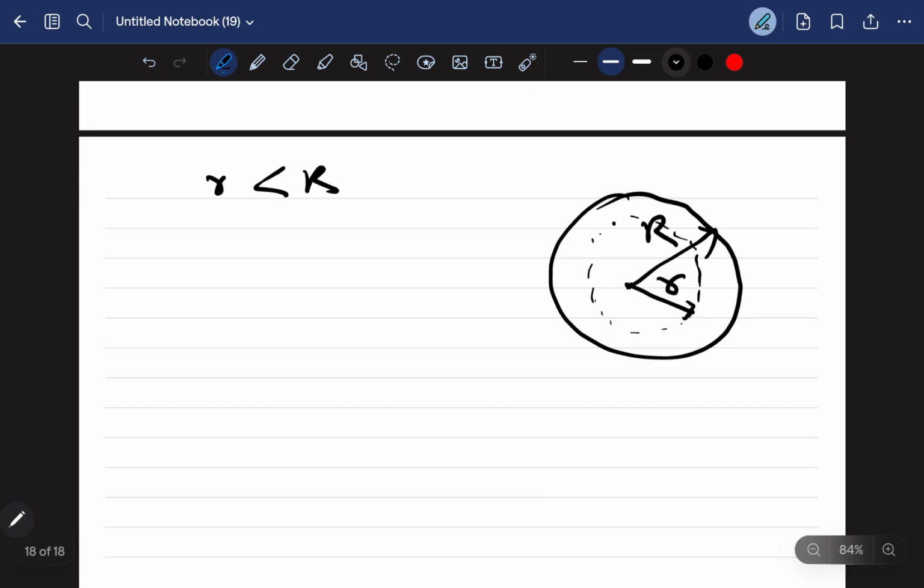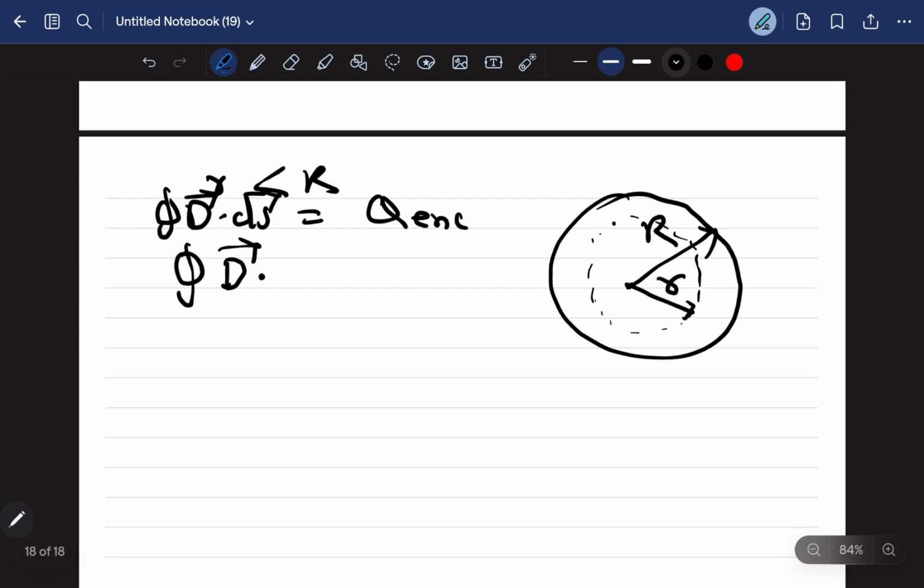On this we know the closed integral of D dot dS equals q enclosed.